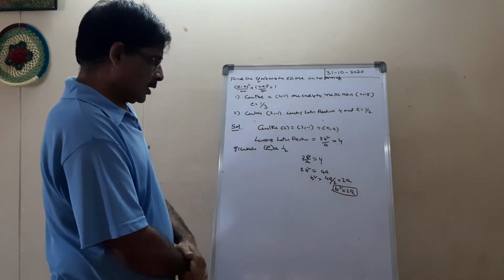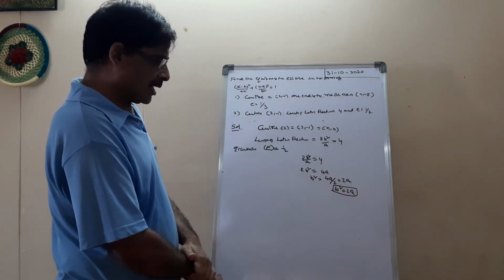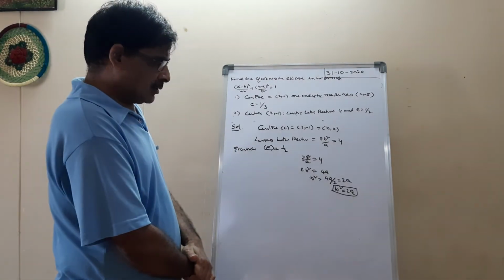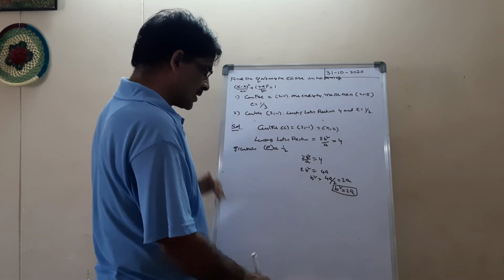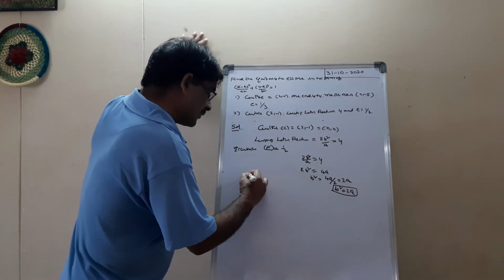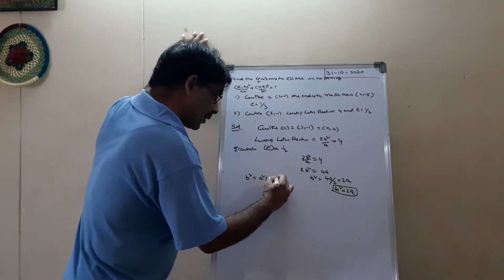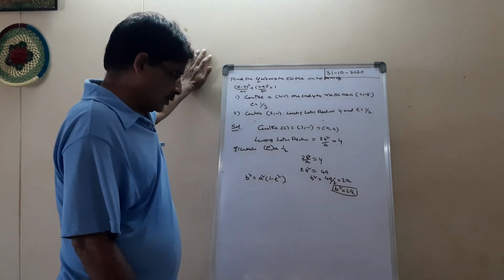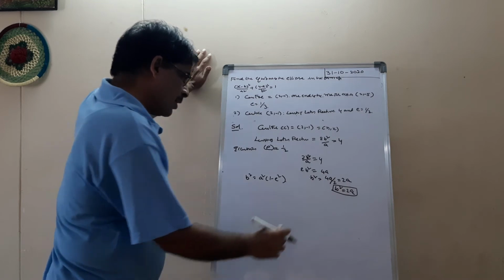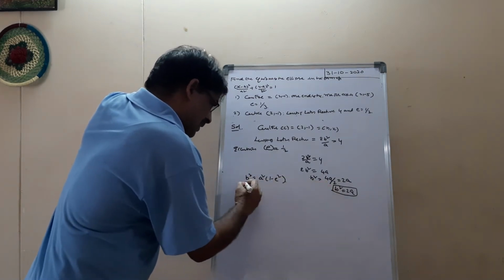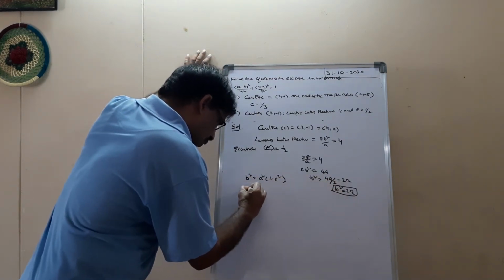Now we want to find a. Is there any information? b square equal to a square into (1 minus e square). What is b square? b square equal to 2a.